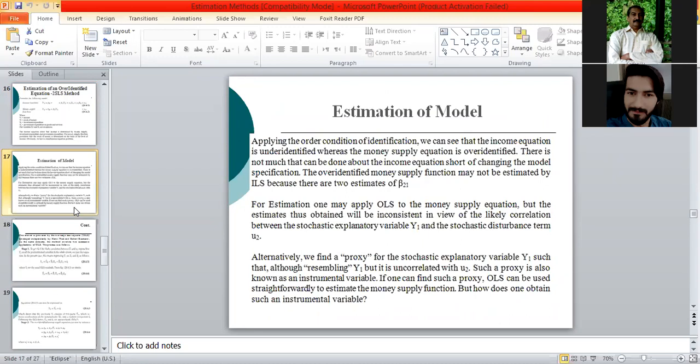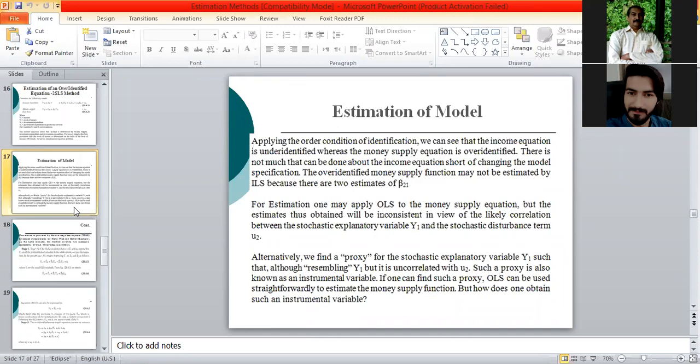In the alternative method, we find a proxy for the stochastic explanatory variable y1. Rather than using the actual variable y1, we look at some proxy variable. A proxy variable is a variable that is close to the actual one, with a close resemblance to it, but it is free from the influence of the error term.